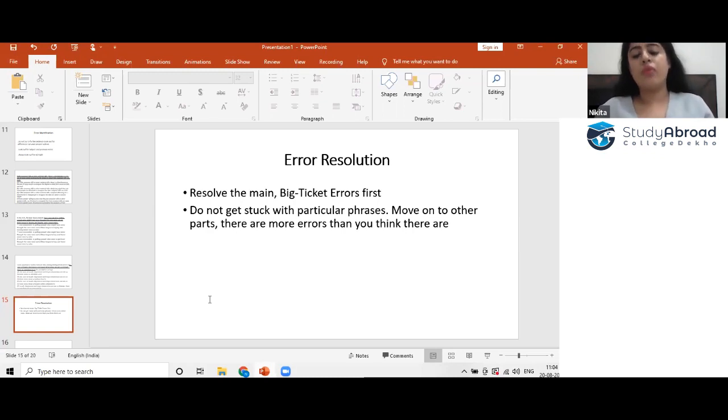So what does it mean basically? When a student reads a sentence correction question, sometimes they get stuck on one point, that I am not able to make a difference. By reading the question and scanning the options, you see the difference that option A, or say option C, is bringing up, but you don't know how to decide on it.